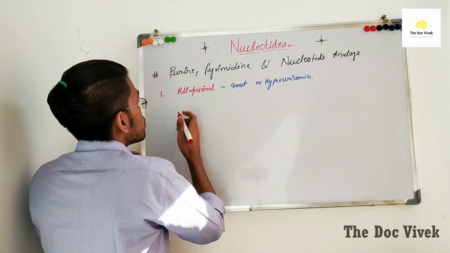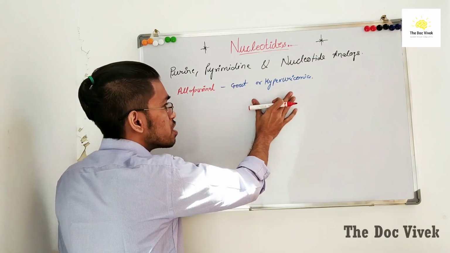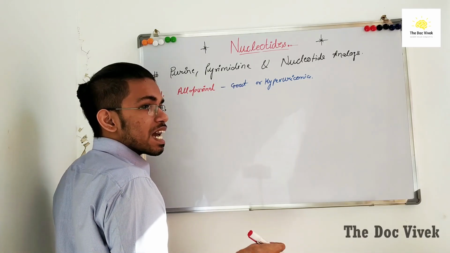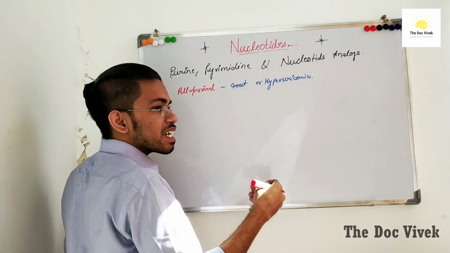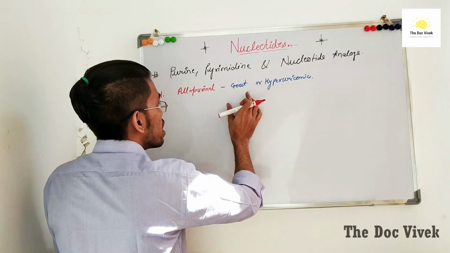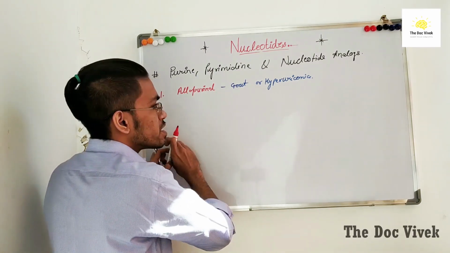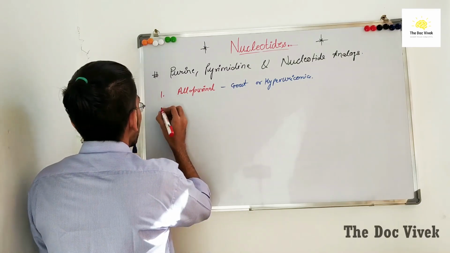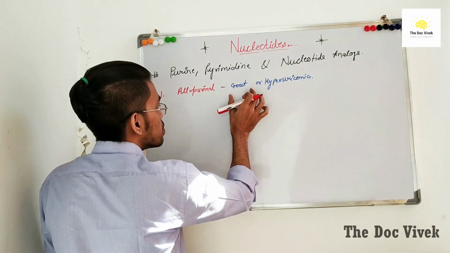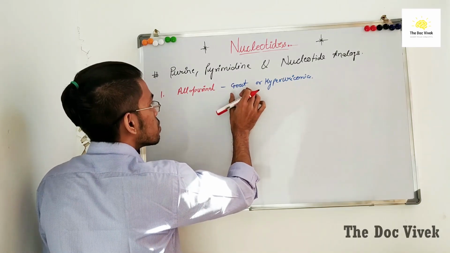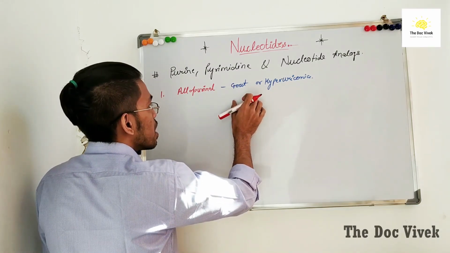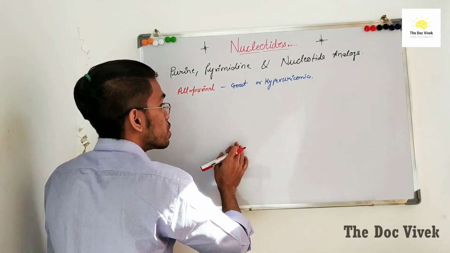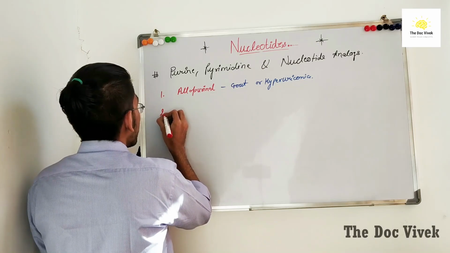Hyperuricemia is a situation in which uric acid is formed in excess amount and gets excreted through the urine. And gout is a joint related disease, also related to hyper excretion or hyperformation of uric acid.